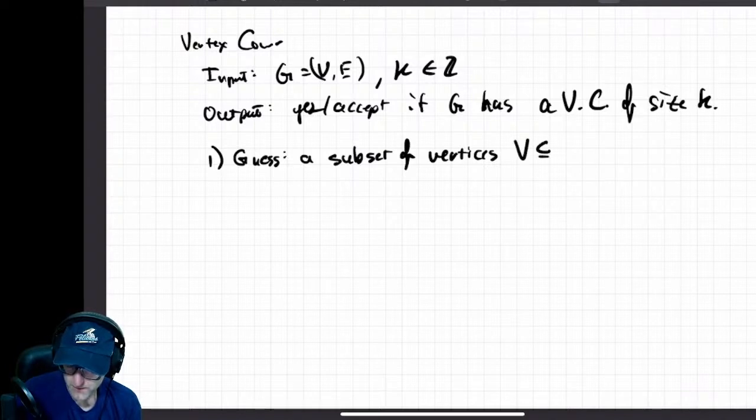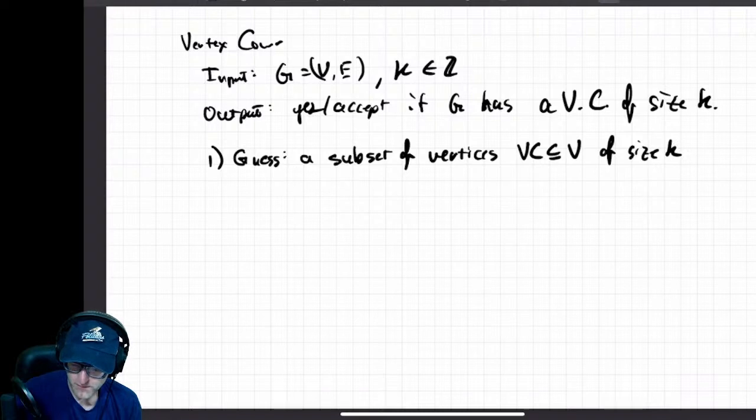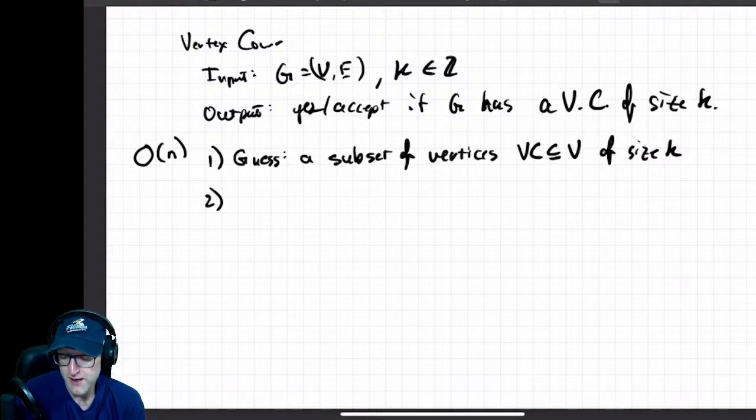We'll call it VC, of the vertices of size k. Clearly, immediately, this is going to be order n at most, because of course you could select all the vertices if you want, but you can't select more vertices than there are. So it's at most order n, and it's non-deterministic.